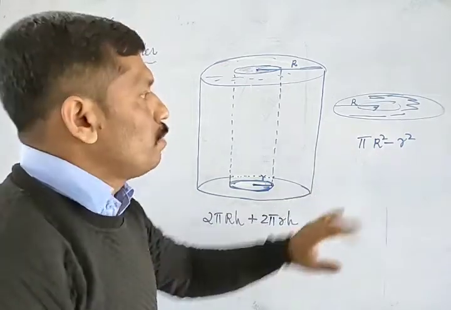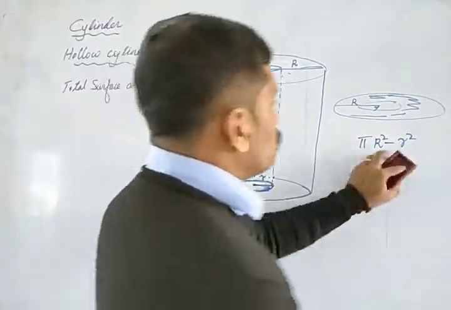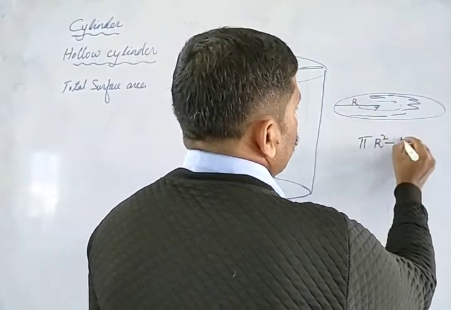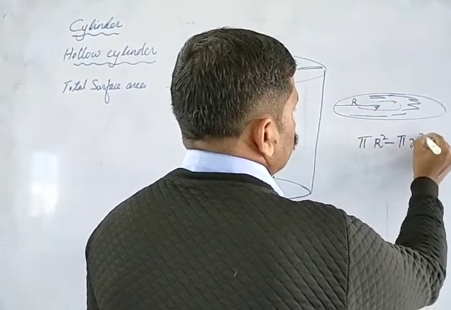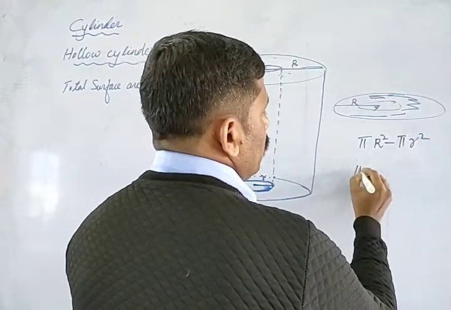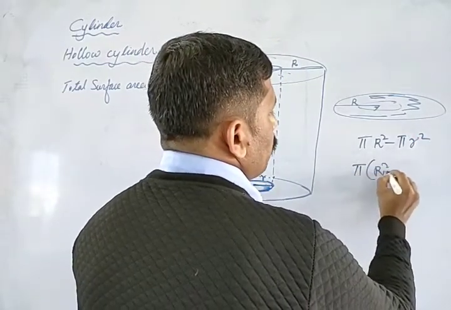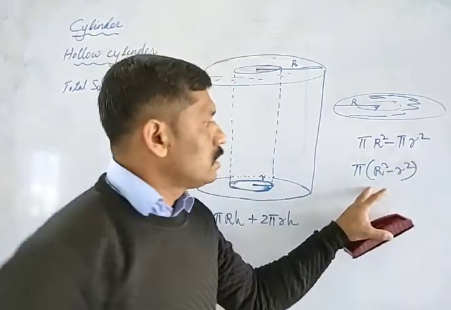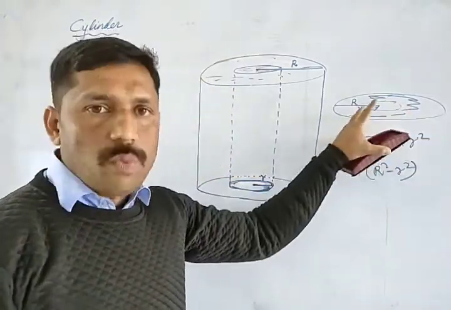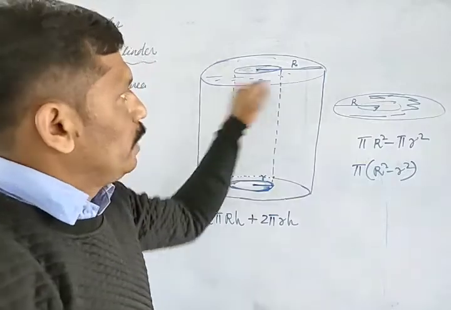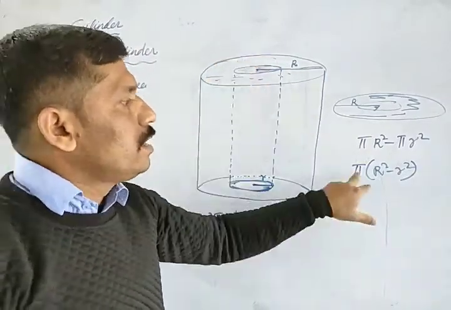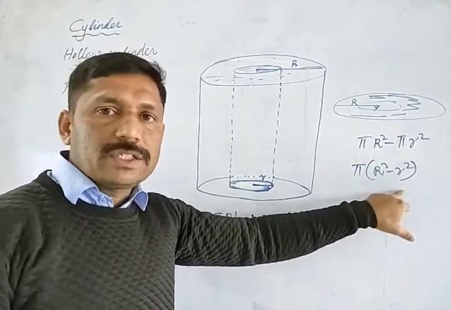Outside area is bigger, pi R square, and inside area is smaller, pi r square. That is equal to pi into R square minus r square. So this is the surface area of one top face, that means one base area.